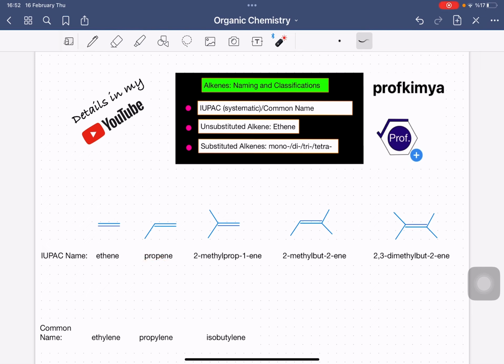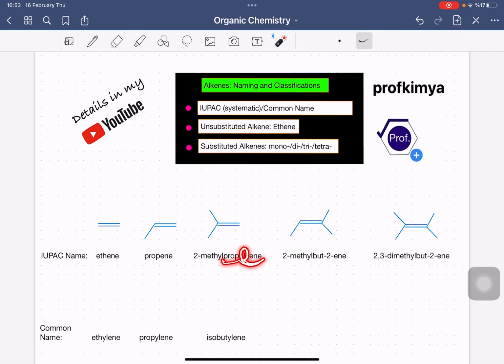This molecule has a branch, so we need to find the longest chain. 1, 2, 3. 1, 2, 3. And we need to indicate the position of pi bond. 3 carbon atoms has a propan parent name, but there is a pi bond in this molecule, so we add suffix.